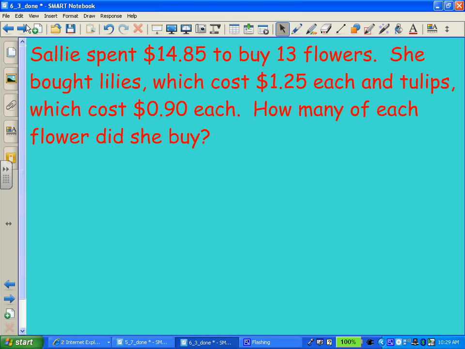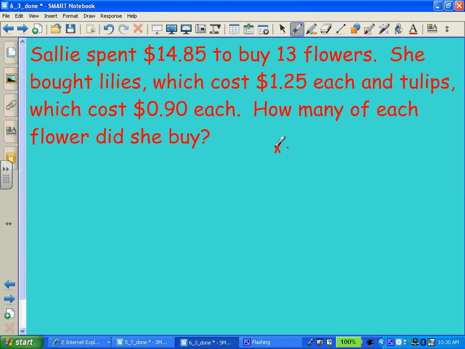Alright, now let's look at a story problem. It says Sally spent $14.85 to buy 13 flowers. She bought lilies, which cost $1.25 each, and tulips, which cost 90 cents each. How many of each flower did she buy? These are like the story problems we did the other day, where I have to come up with two equations.